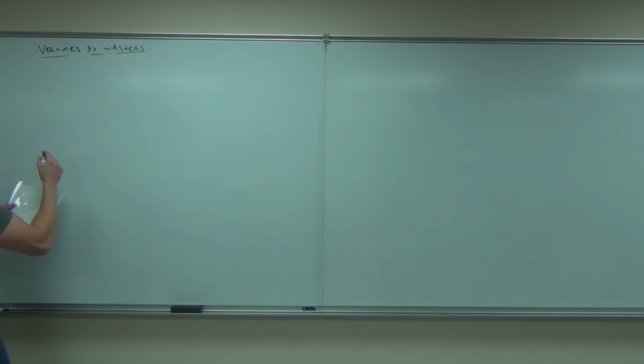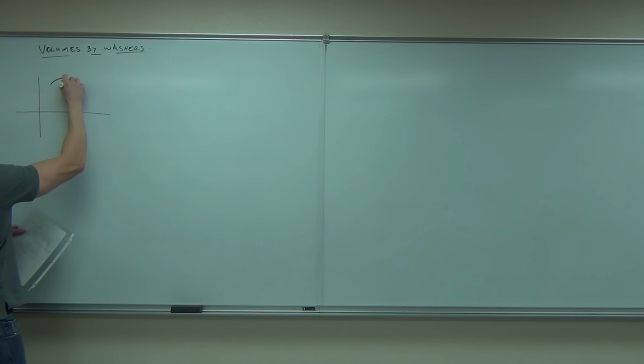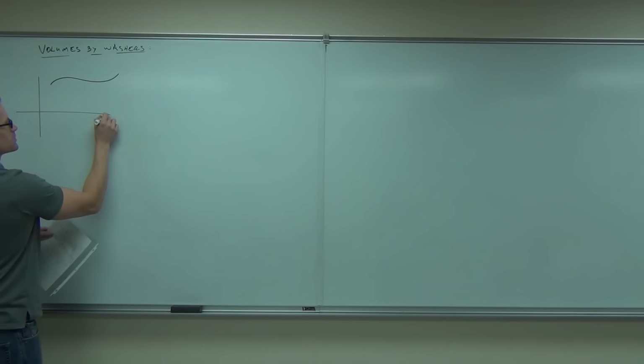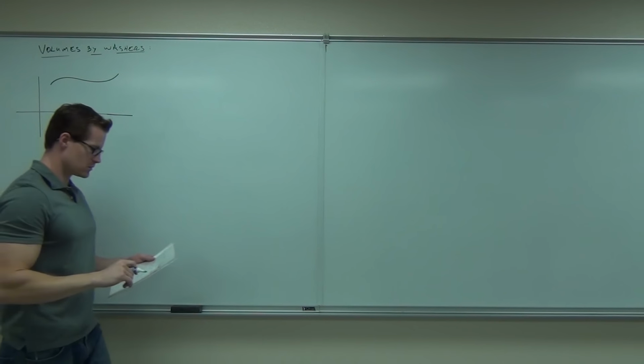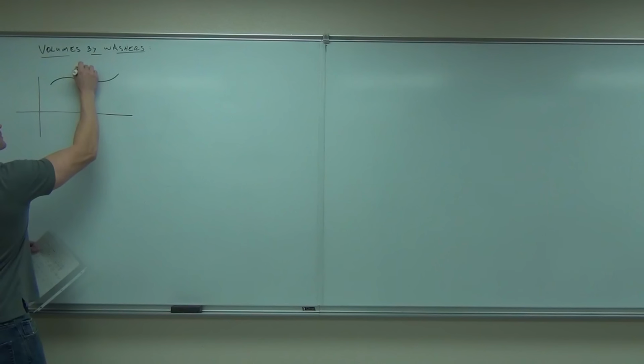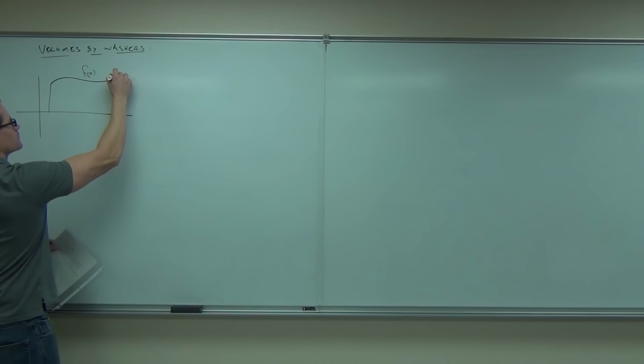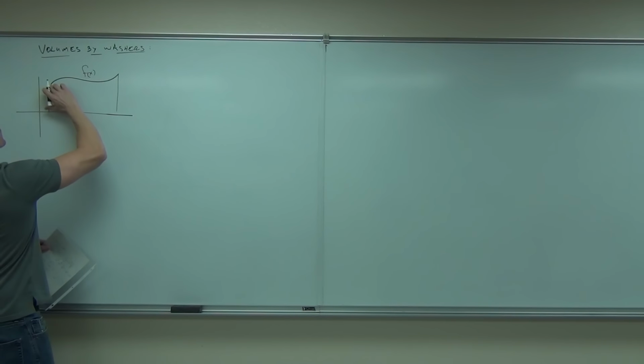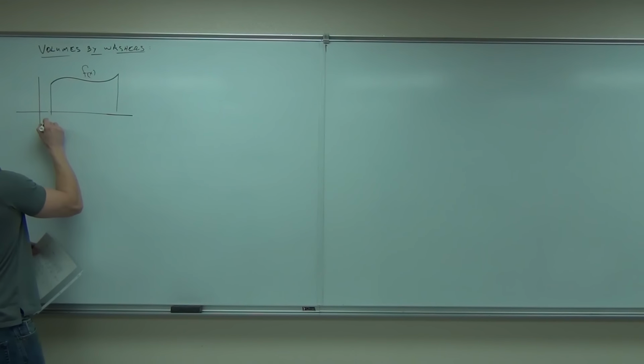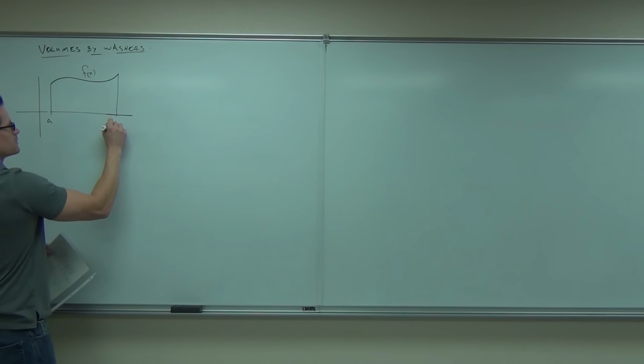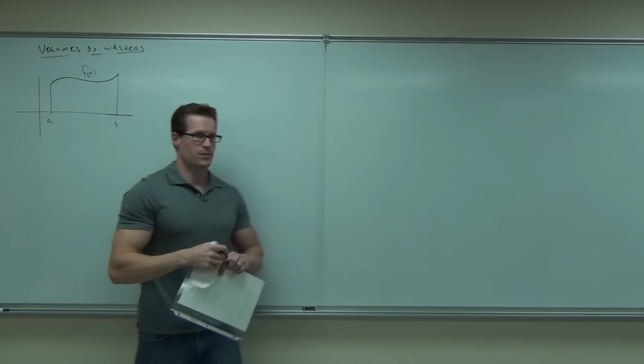What would happen, say, if I had my famous function called f of x from A to B. Now, here's where we started.